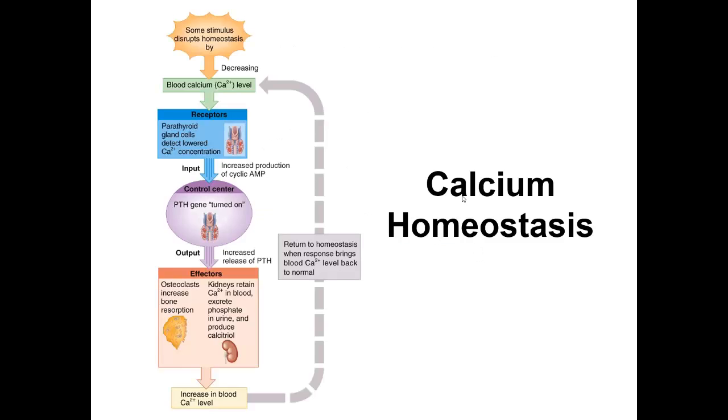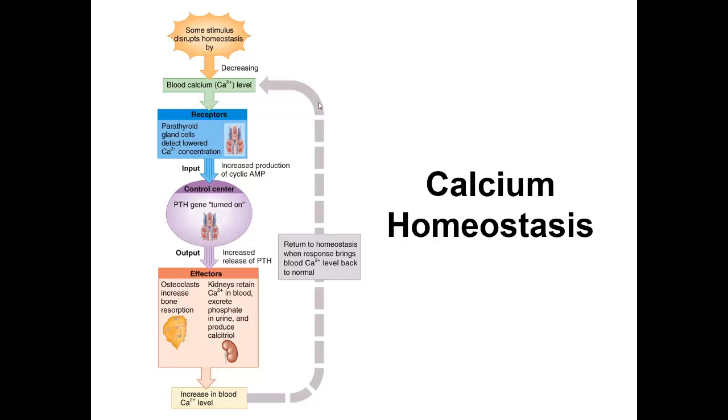Now, I like this circuit chart because it explains the calcium homeostasis really well. Something happens, for example, let's say that something is pregnancy. Homeostasis is disrupted and it decreases blood calcium levels.